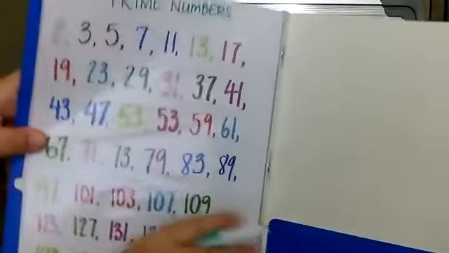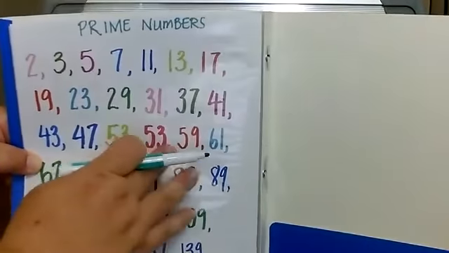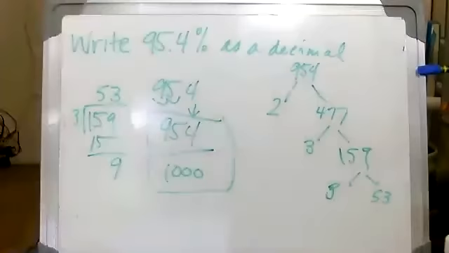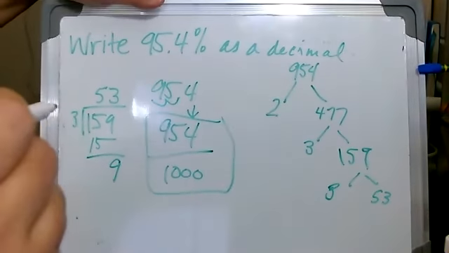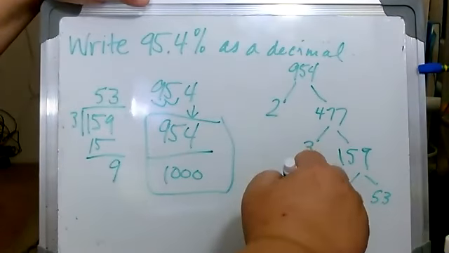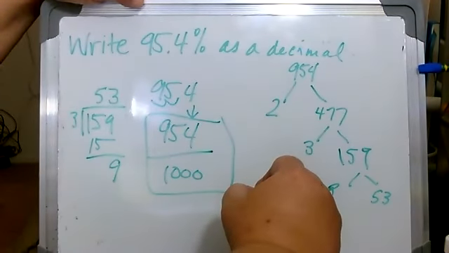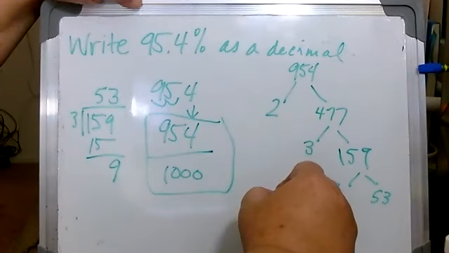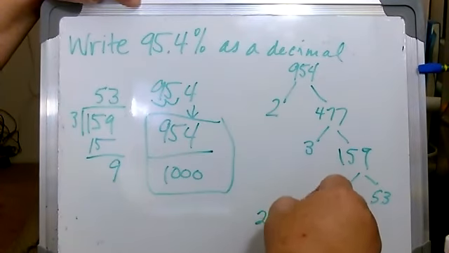Oh, look at that. 53. It's a prime number. So we know that 954's prime factors are 2, 3, 3, and 53.